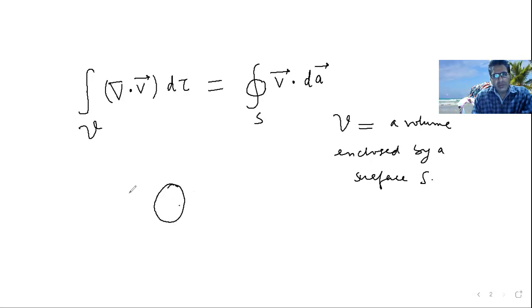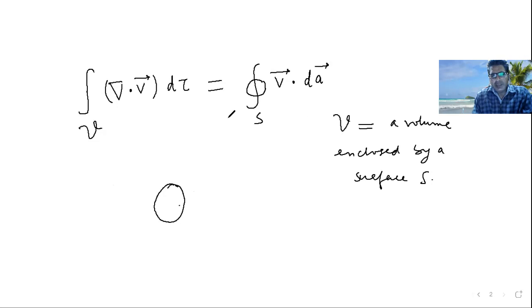So every volume is enclosed by some surface, and that surface is a closed surface. Closed surface means one which divides the space into interior and exterior. It divides space into two parts, interior to the surface and exterior to the surface, if it is a closed surface. So we have some volume nu. It is enclosed by some surface S.